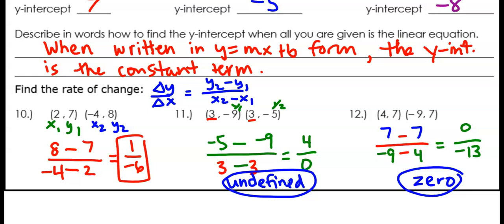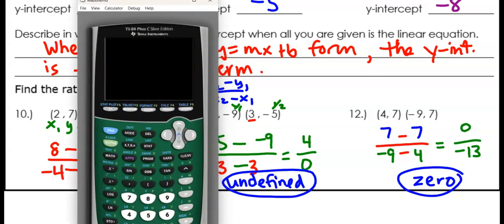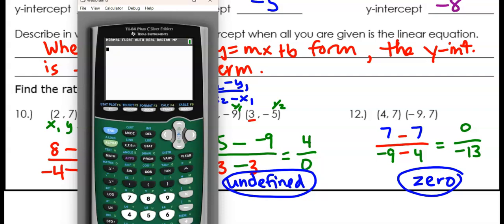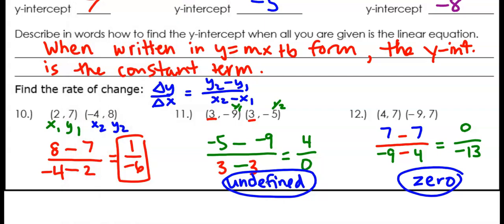If you're unsure whether it's undefined or 0, simply turn your calculator on, enter the fraction using a fraction button or using the division key, and when you press enter, if you get an error, that means undefined. And if you get something like number 12, you know the answer is 0. So you can always use your calculator to check, but never write error as your answer. It's undefined, or no slope.